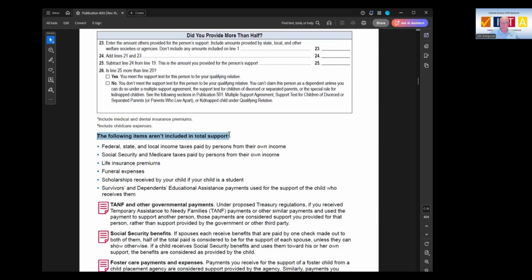Don't include the following items in total taxpayer support. Social Security, no. Life insurance premium, funeral expense, scholarships received by your child if your child is a student. That could be a big one.